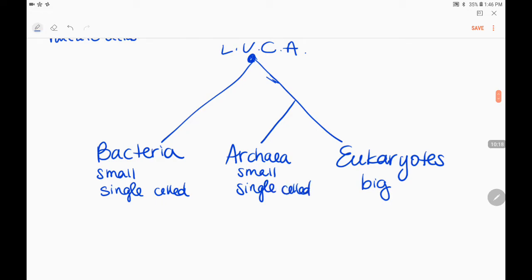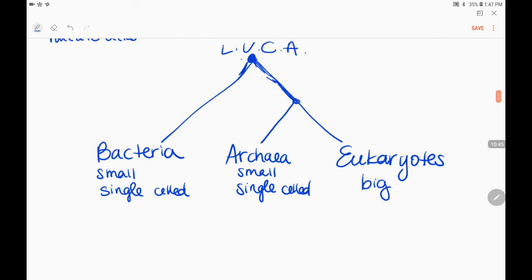So they looked like the bacteria, but it turns out genetically they had diverged. This is what this breaking point is. There's a divergence. An event happened here that these guys stayed small and single-celled and looked like that, and these guys are a different kind of small and single-celled. And we see that in the ribosomes. The ribosomes here for the archaea are more similar to the eukaryotes than to anything else.